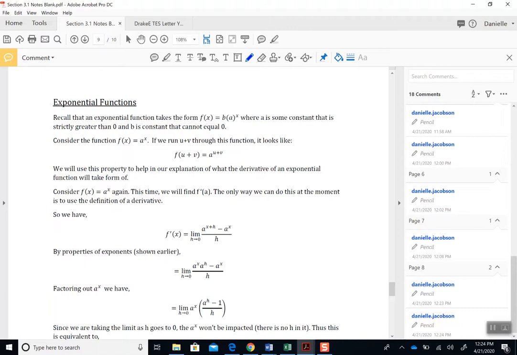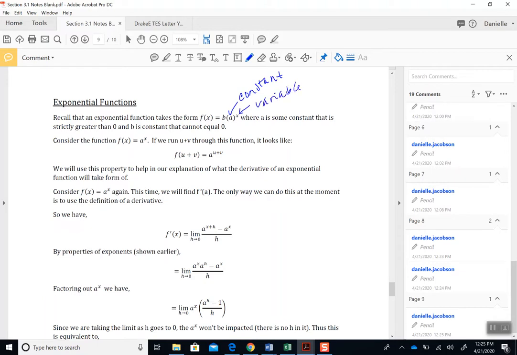First, if we have the function b times a to the x, I know this is exponential because b is just a constant multiple, I don't really need to worry about that, but this is because I have a constant raised to a variable. Recall when we have an exponential function, we have a constant raised to the variable. If you see this, it should clue you in: I can't use the power rule, it's not the same thing, I've got to use something different.